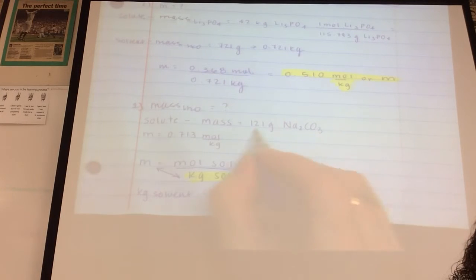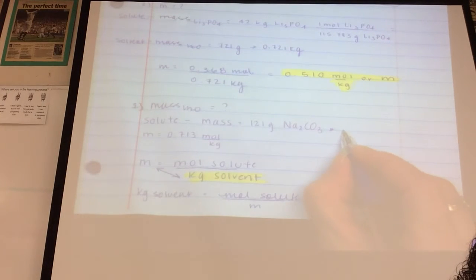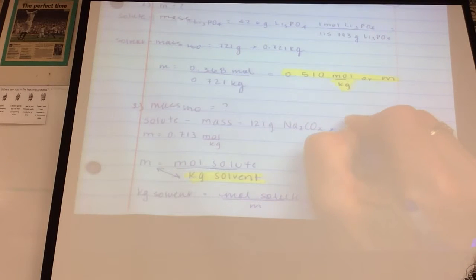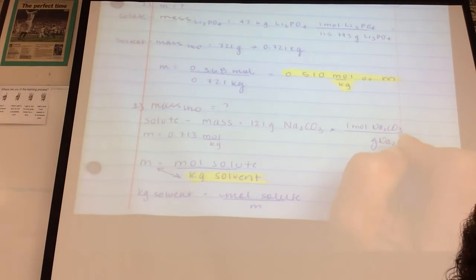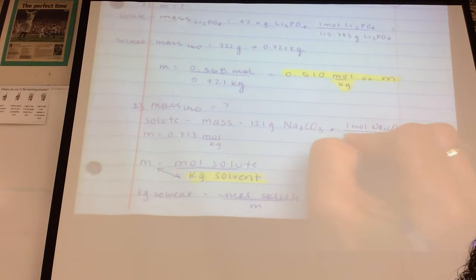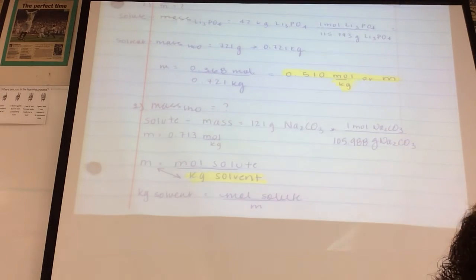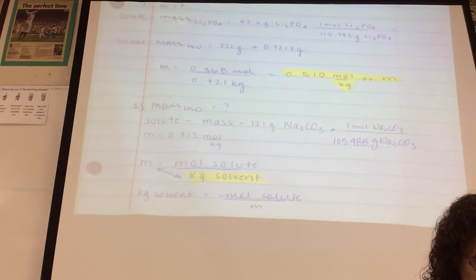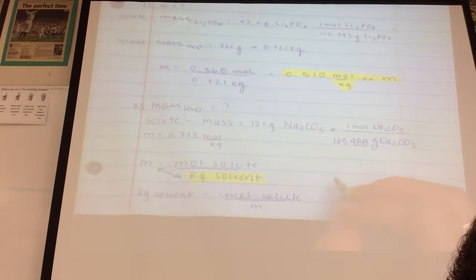What do I do with these grams? Convert to moles. 1.14 moles.